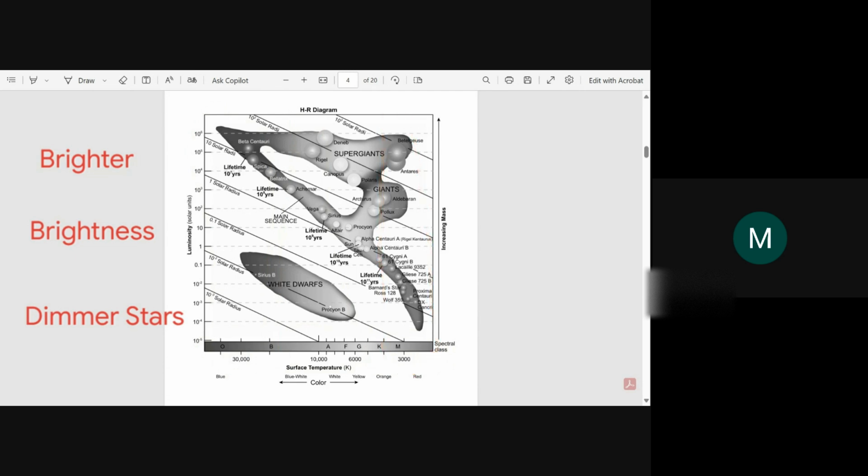Another feature is the color. The hotter stars are blue in color. Our sun is in that yellowish-orange range, and then the cooler stars are red in color.